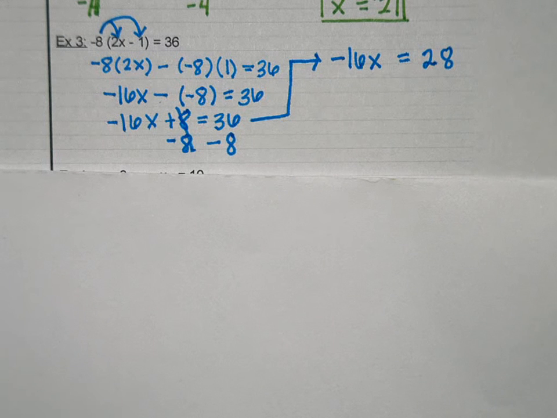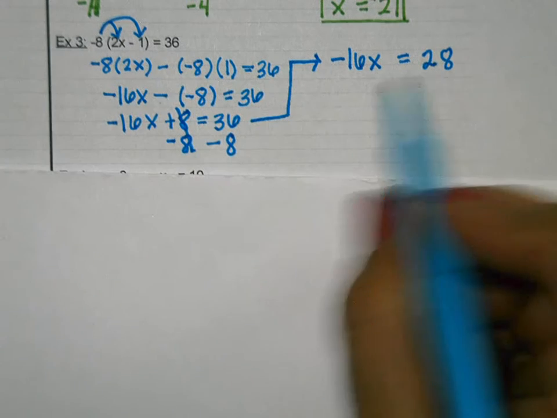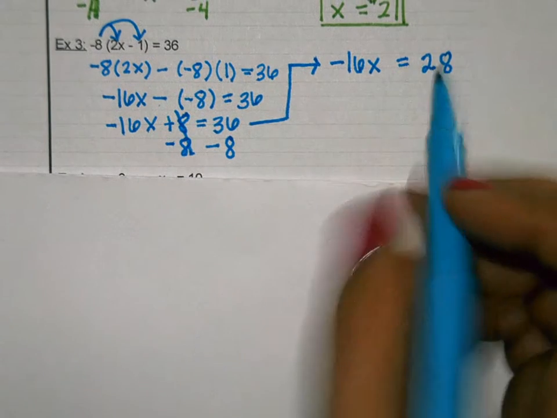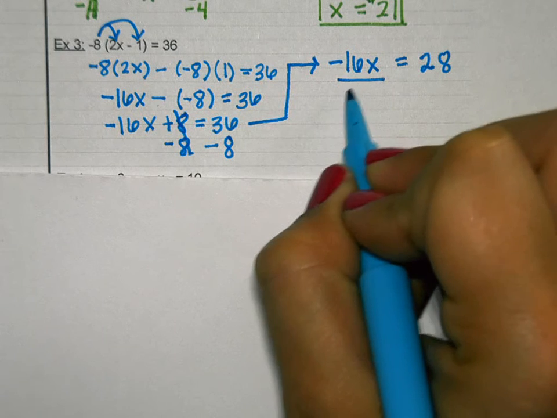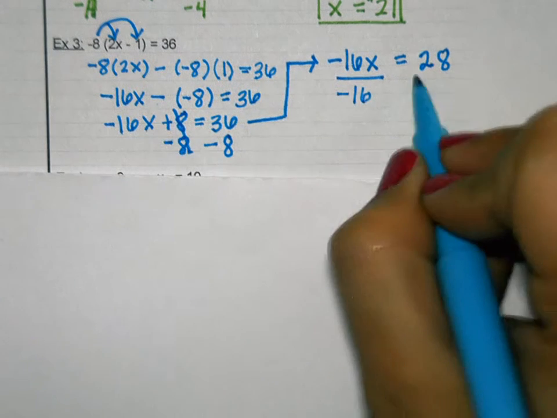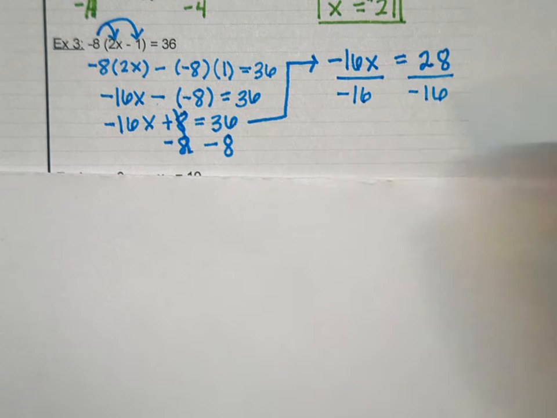And then on the left, I have negative 16 times x equals 28. So to get rid of that negative 16 times x, I divide both sides by negative 16 because we do inverse operations.